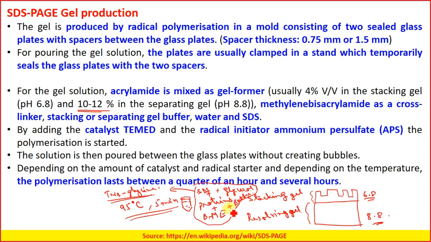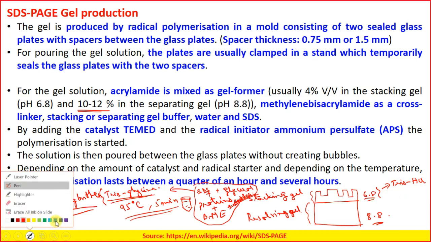Or you may not add the buffer here, it's up to you. But you have to make another running buffer, tris glycine buffer. And this 6.8 pH is made with tris hydrochloride buffer.